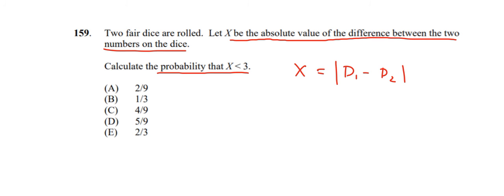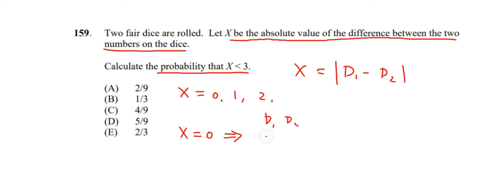So x equals the absolute value of D1 minus D2. So x less than 3 means we want x equal 0, x equal 1 and x equal 2, right? So what is the case for x equals 0?